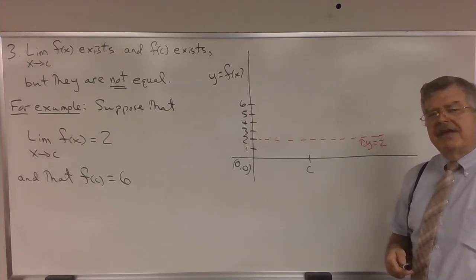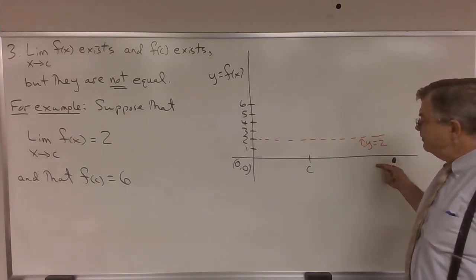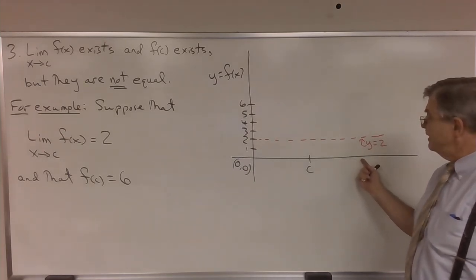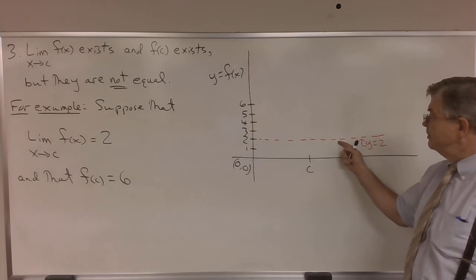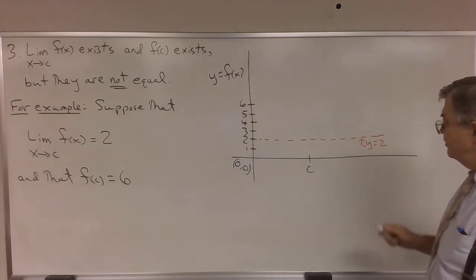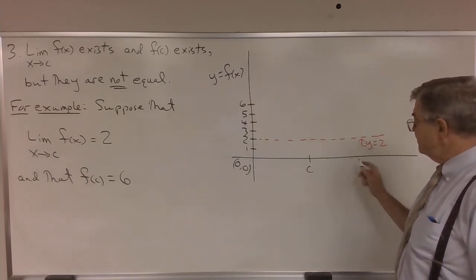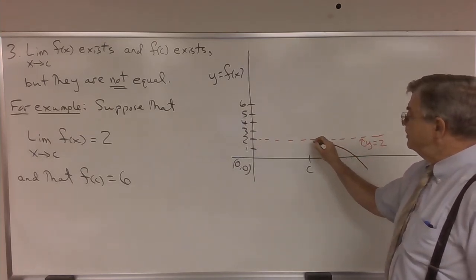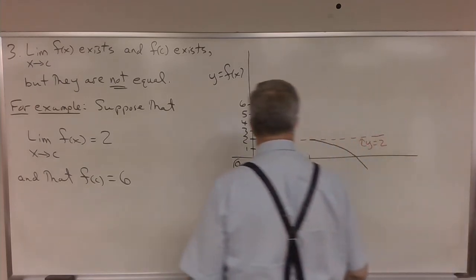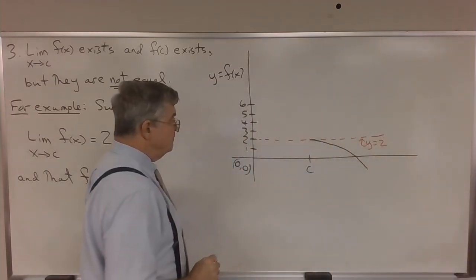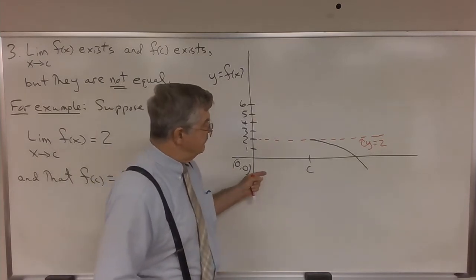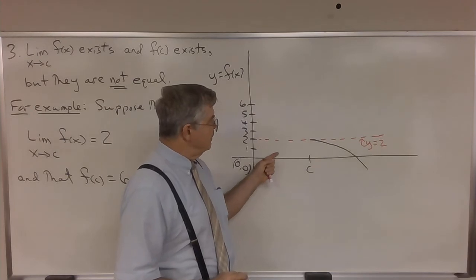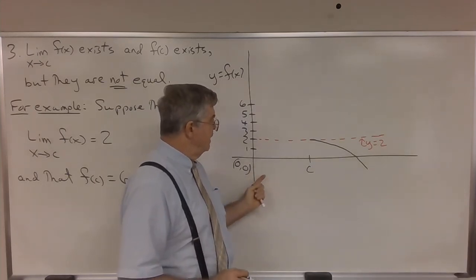For the sake of example, let's just say that as x approaches c from the right, the graph of f of x approaches the line y equals 2 from below. So as x approaches c from the right, f of x, the y value, approaches 2 from below. And as x approaches c from the left, let's say that f of x also approaches 2 from below.